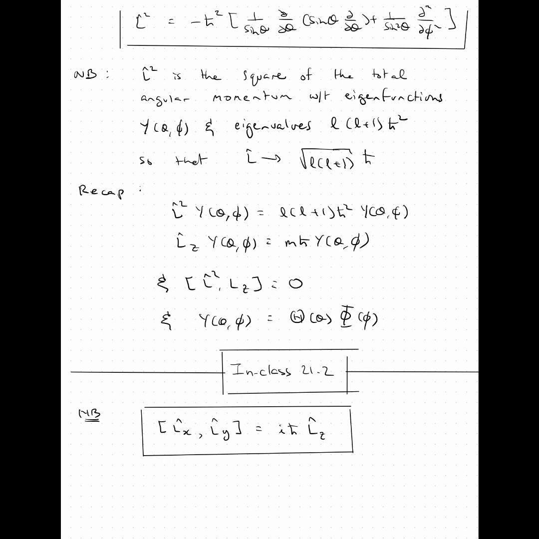And let's make a comparison with what's familiar with the linear operators, x p hat equals i h bar. There is some similarity there. And notice that this Ly Lx also has an uncertainty interpretation.